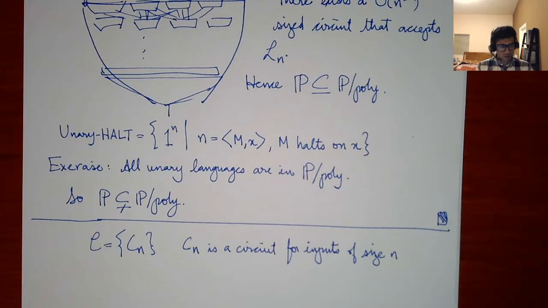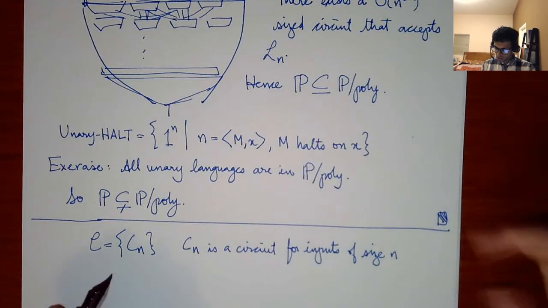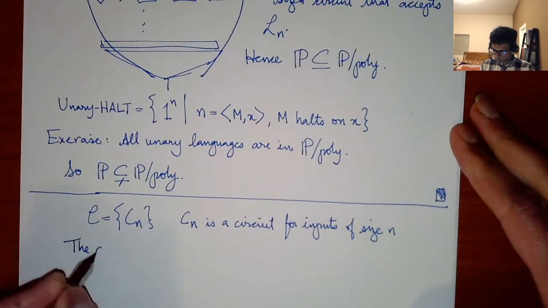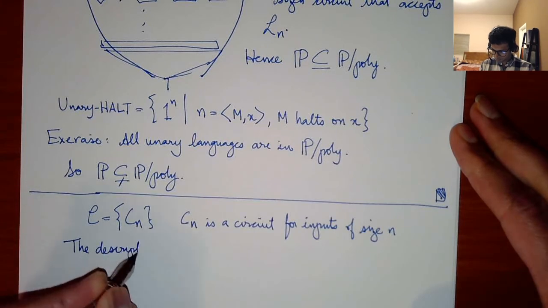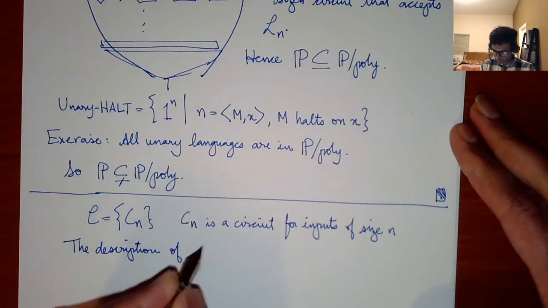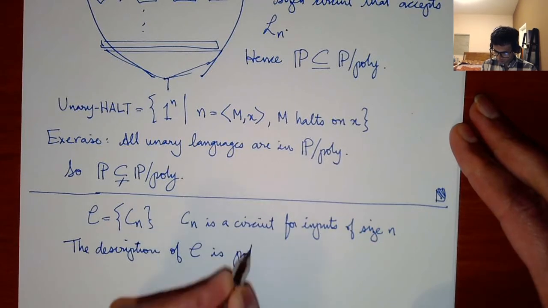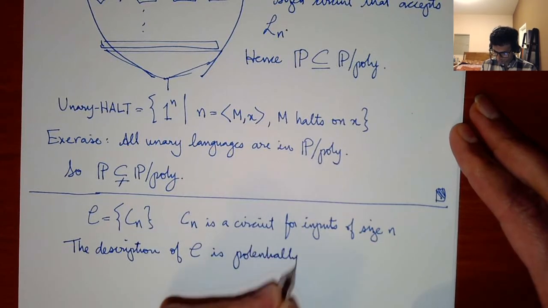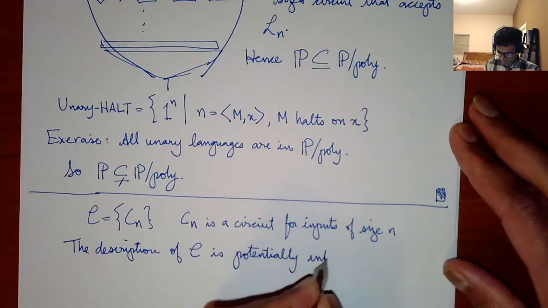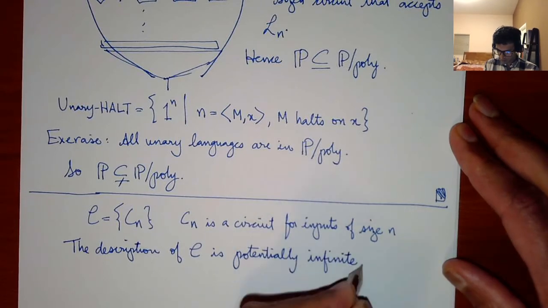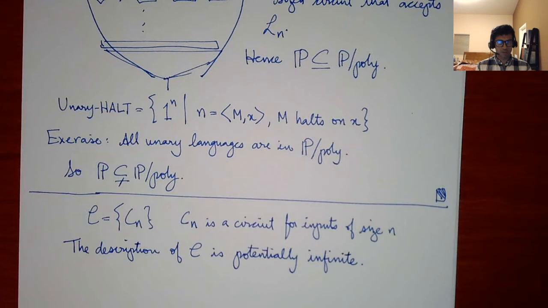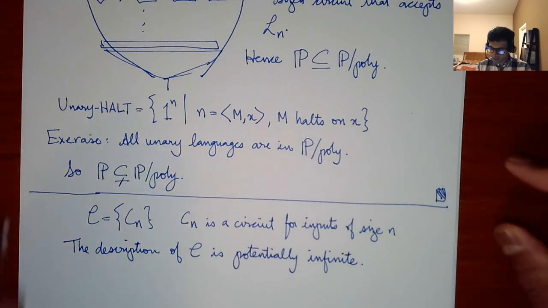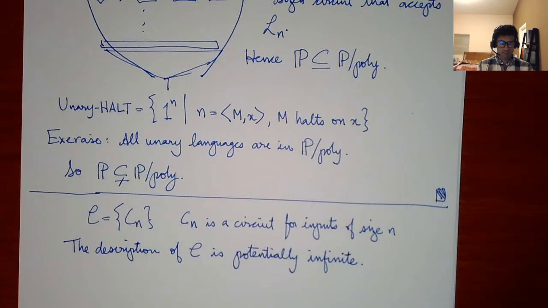But that doesn't mean that there's a Turing machine that can decide every language, because the description of the circuit family is potentially infinite, while a Turing machine has a finite description. And so the description of the circuit family that computes unary halt is an infinite description.